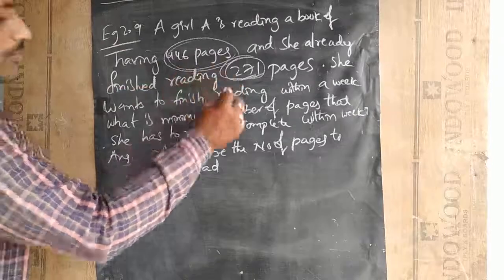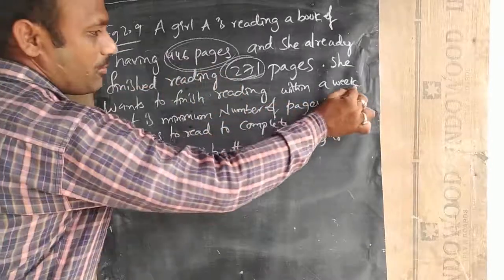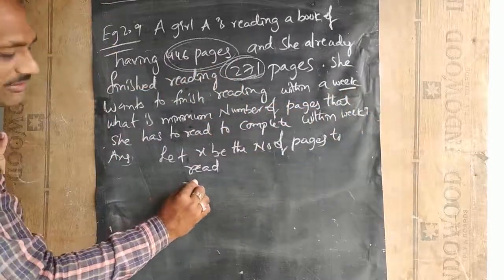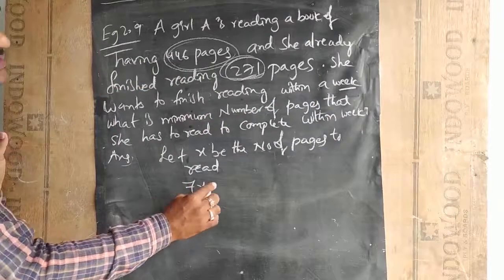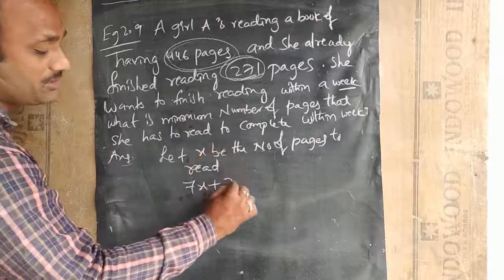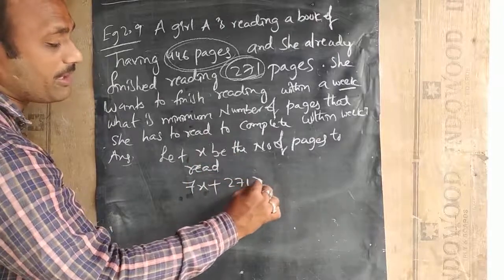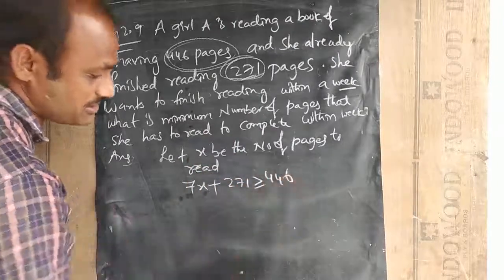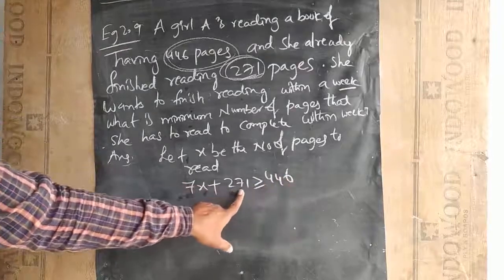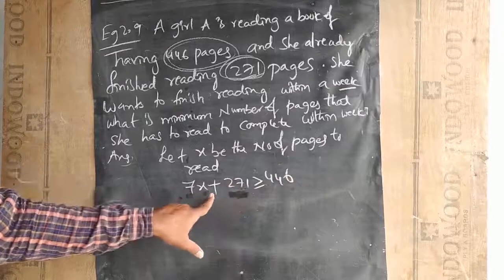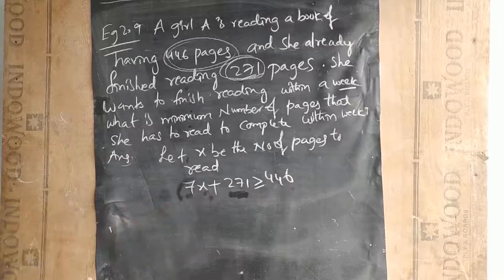So she has only a week's time, so we can represent it as 7x, 7 days in a week. Each day x, so it will be 7x plus, already she read how many pages here? 271 will be greater than or equal to 446. Because in total there are 446 pages, out of that 271 are already completed, she has to read some pages included in a week.